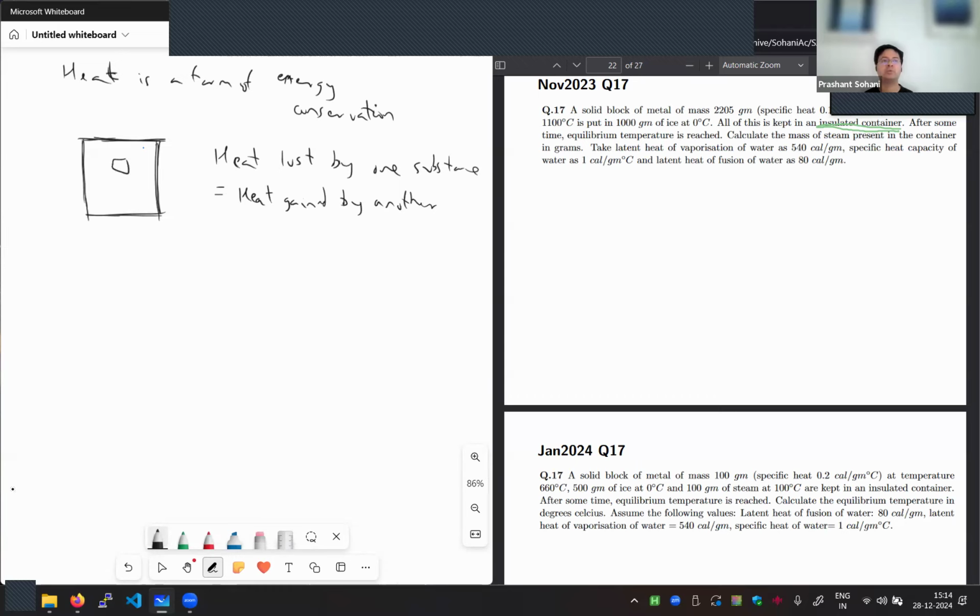Imagine you have two objects here and one of them is losing heat; then the same amount of heat will be absorbed by the other object. There is nowhere else for the heat to go. So this is the most important concept which is useful in these kinds of questions: just equating the heat lost and heat gained.